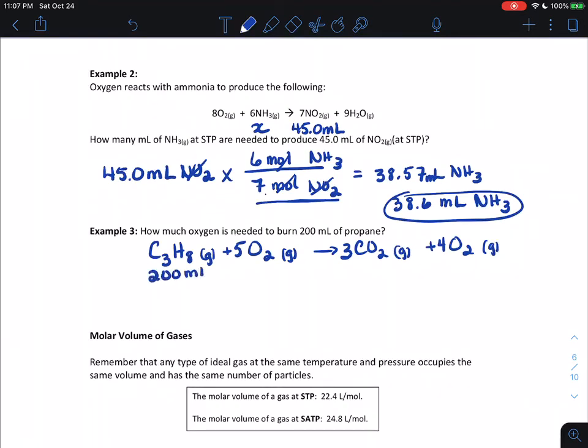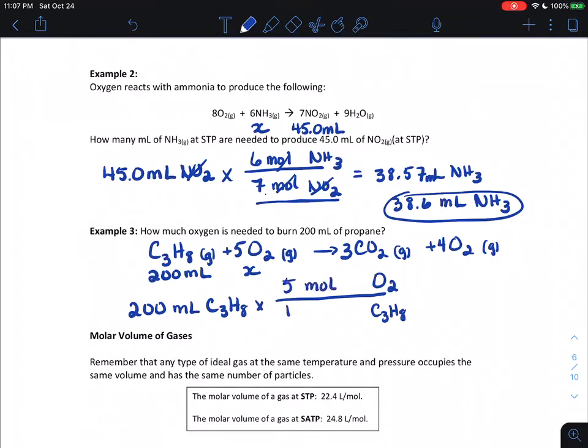Now, I have 200 mils of propane. What volume of oxygen do I need to burn 200 mils of propane? So I start with the number that the question gives me. I set up my ratio. I want propane at the bottom, and I want oxygen at the top.